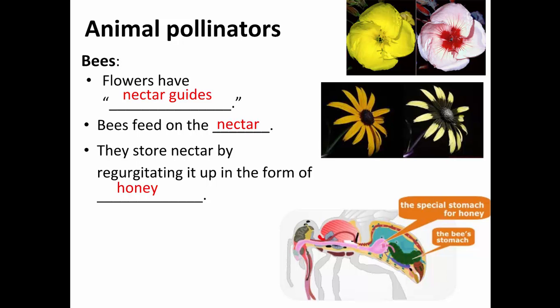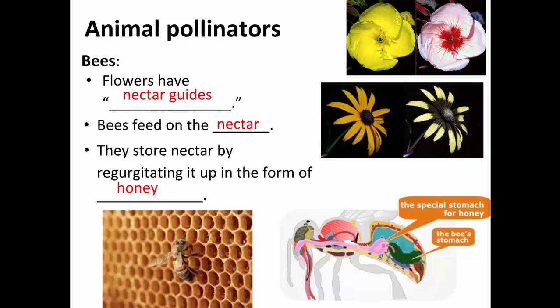So they have special stomachs that they use for this, and we'll watch a video here in a minute. And then it's stored in a honeycomb sealed up with wax, and some people can then collect it and sell it to us. Now, bee pollination is hugely important. So people can keep bees, right?